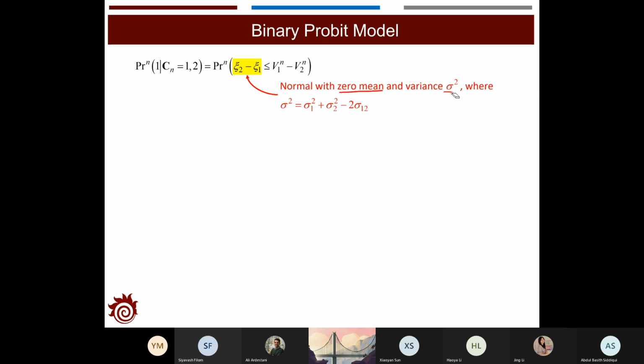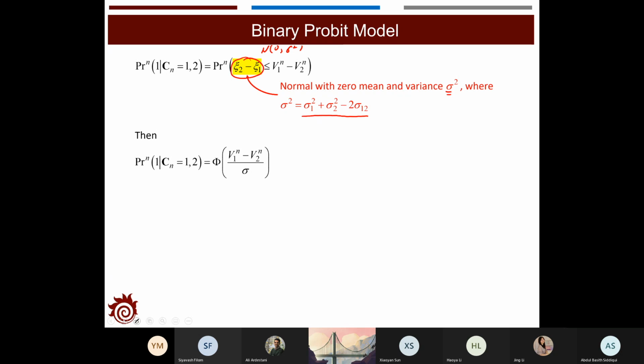The variance of epsilon 2 minus epsilon 1 should be sigma square, which is sigma 1 square plus sigma 2 square minus 2 times sigma 1 2. So this is a normal distribution with mean 0 and variance sigma square.